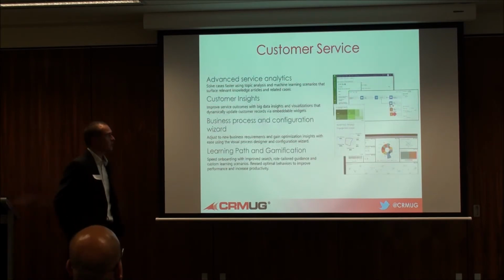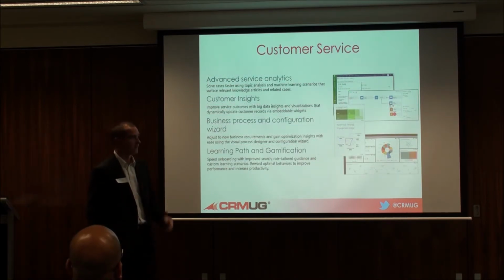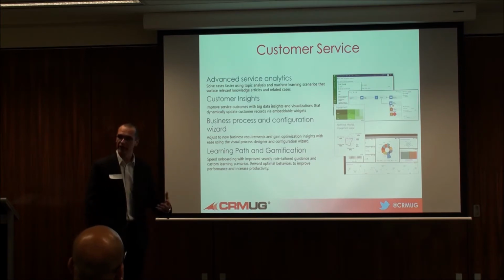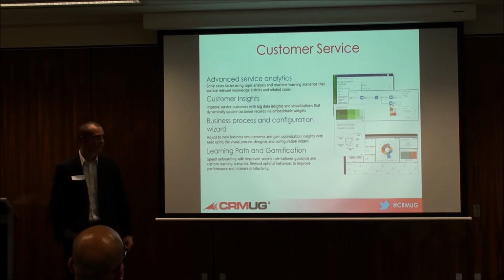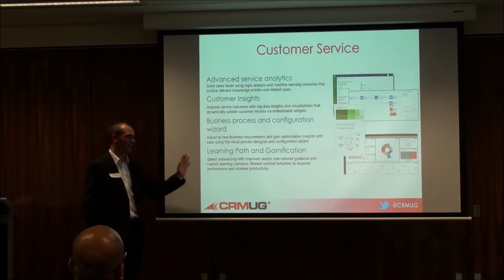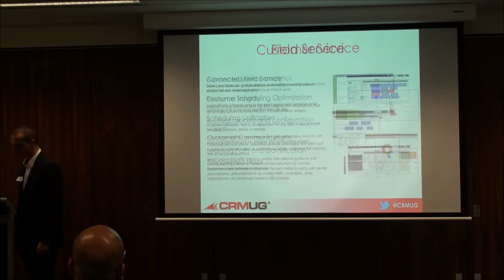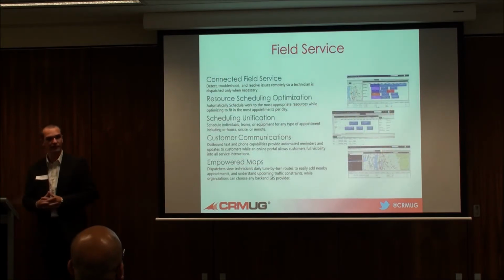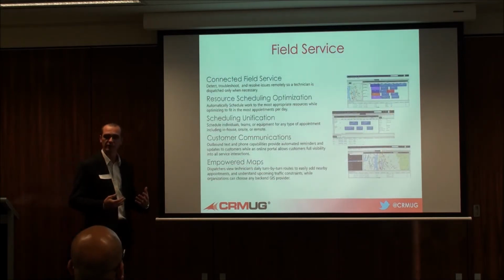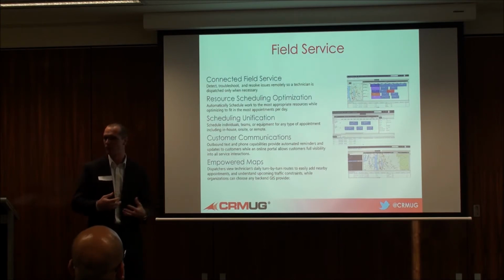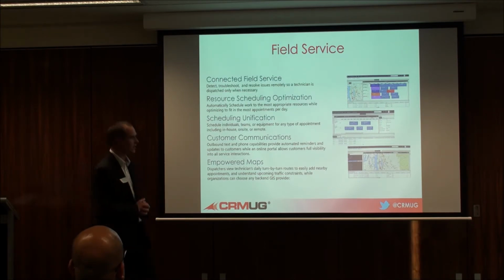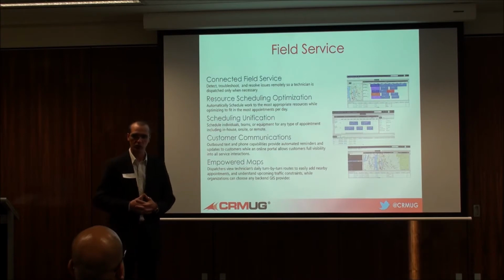From a customer service perspective, we're putting in some advanced service analytics, again, building out more customer insights, doing the business process and configuration wizard, and then also enhancing our learning path and the gamification components across there as well. From a field service perspective, we've got a connected field service capability, which is linking into the Internet of Things and automatically creating new work orders.